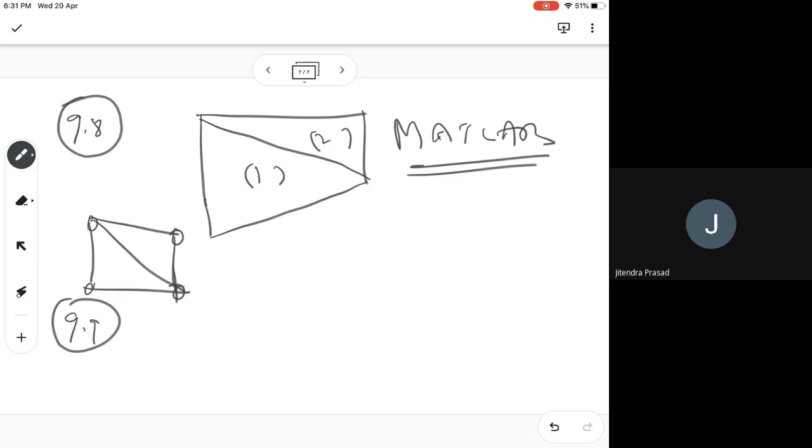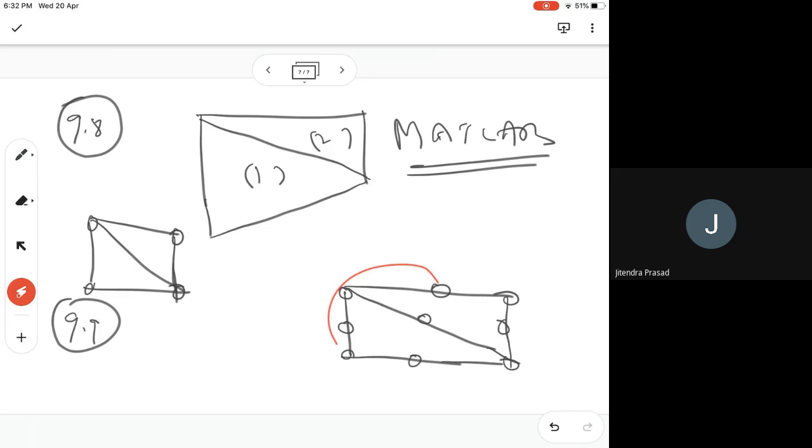So instead of using this, you have to use this one. Again, MATLAB programming only, so please do it yourself.